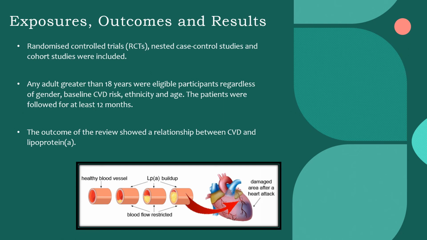And slowly the lipoprotein is increasing, and eventually on the fourth artery, you can see that it is filled with lipoprotein. And that is the reason why the heart attack happened to this person, and it also damaged the area after the heart attack. Cool. So that was about the exposures and outcomes.